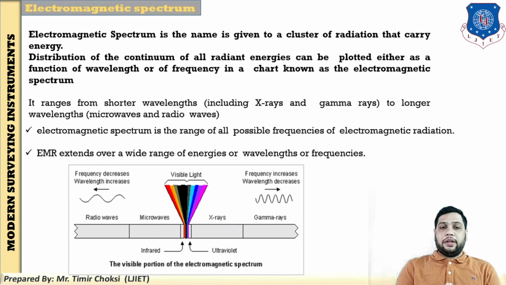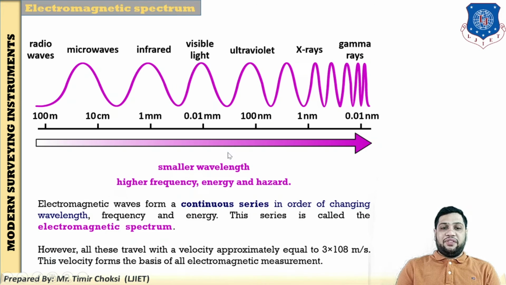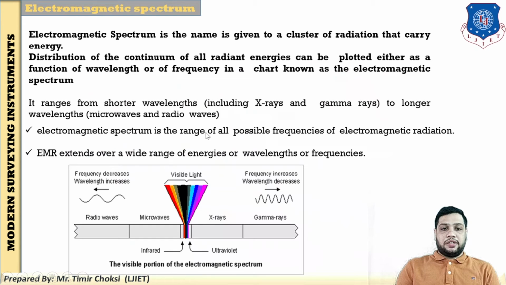Now, the electromagnetic spectrum is the range of all possible frequencies of electromagnetic radiation. Here is one key point: smaller wavelength means higher frequency, and longer wavelength means lower frequency. So the electromagnetic spectrum describes all the possible frequencies of electromagnetic radiation.